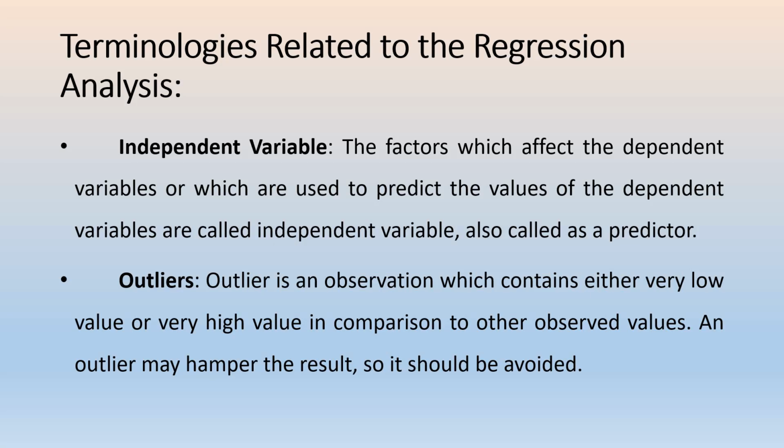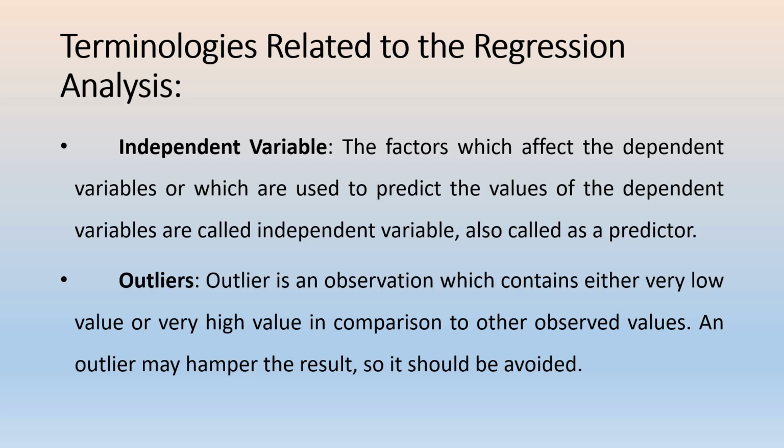In the case of supervised learning, it may be regression or classification. An outlier is an observation which contains either a very low or very high value in comparison to other observed values, and an outlier may hamper the results, so it should be avoided. More outliers result in poor accuracy and poor results.